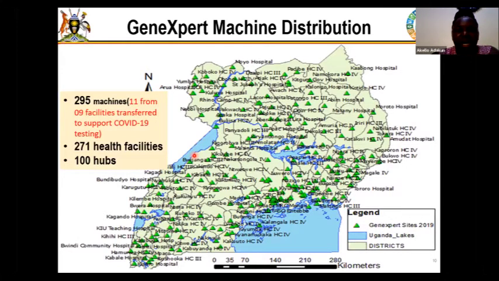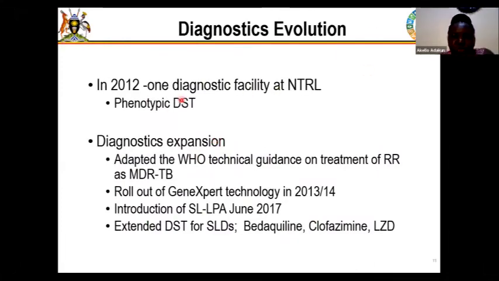In terms of lab, in 2012, we had one diagnostic facility at NTRL, and they were largely doing phenotypic DST. But now there's been expansion, with the rollout of the GeneXpert in 2014, and now we're able to do the second-line LPA from June 2017.